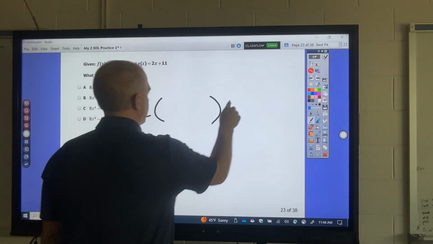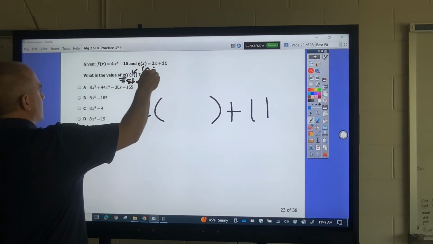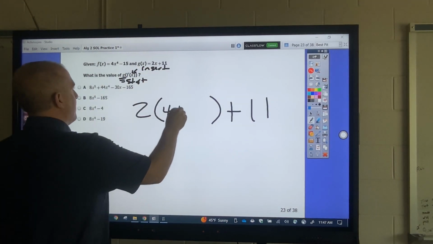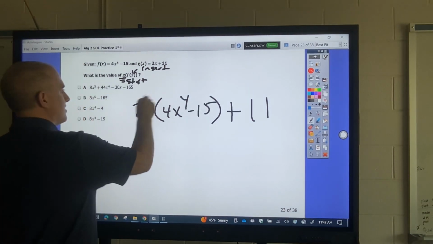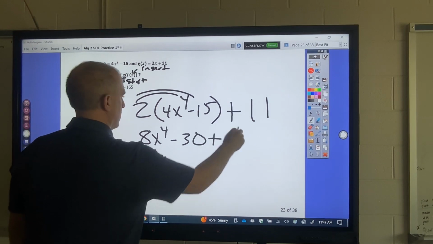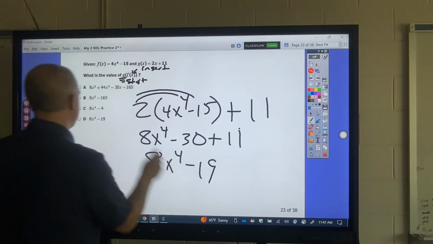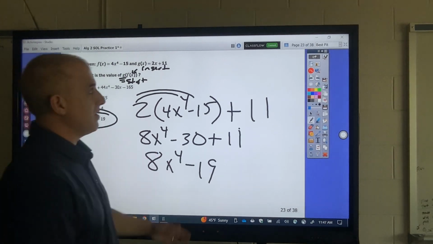That would be this. Apologize. And then I insert that function. So actually it's not that hard. I combine these. That'd be minus 19. I was wondering, man, they made you multiply all that.